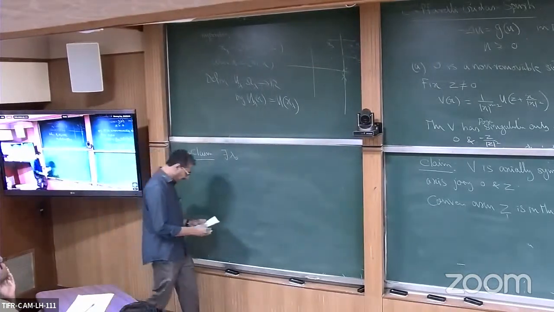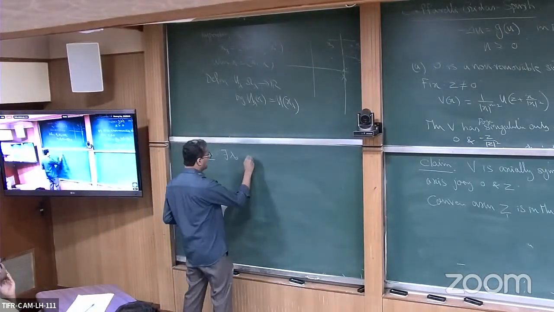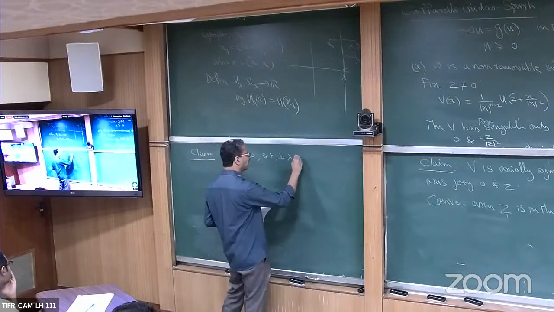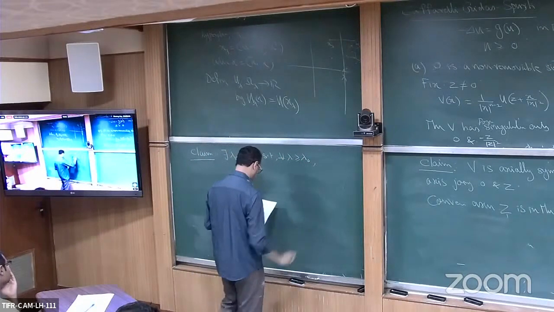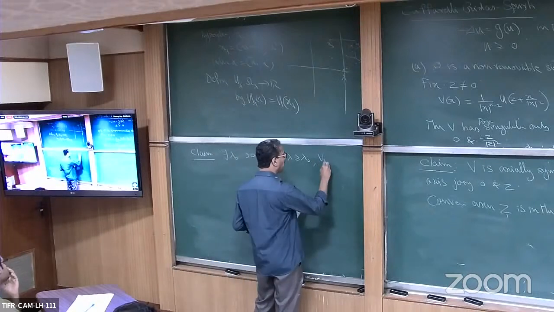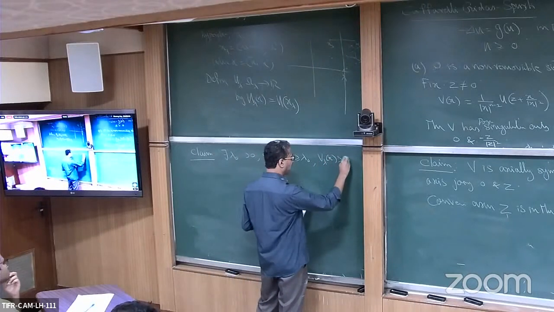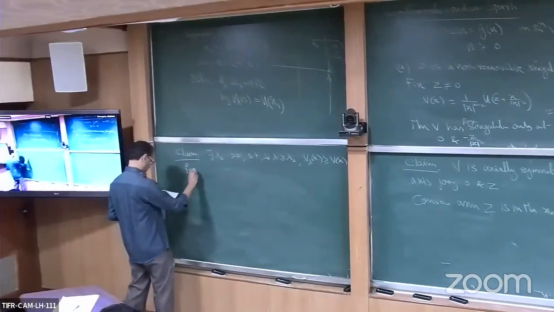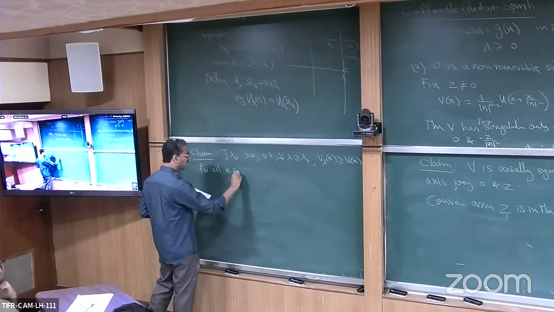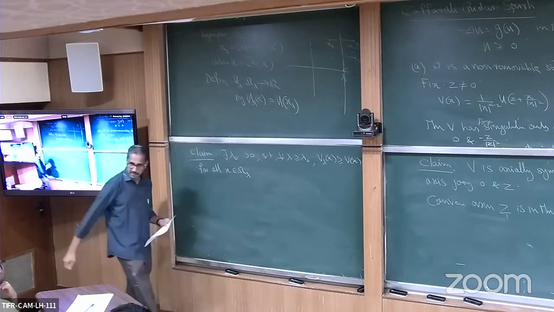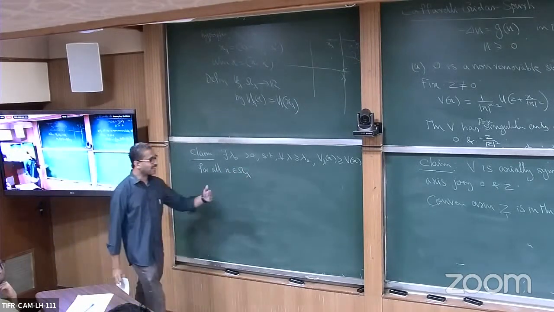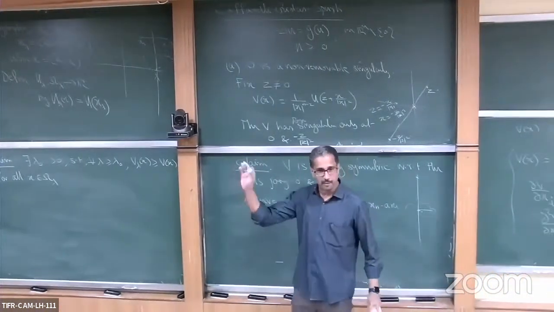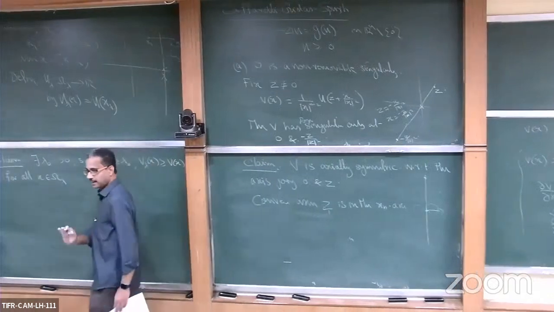So there exists a lambda naught, say greater than 0, such that for all lambda greater than or equal to lambda naught, you will have v lambda of x greater than or equal to v of x for x in omega lambda. So this is exactly what we achieved last time using that integral of mod u to the power 2 star being small. Okay, that one.